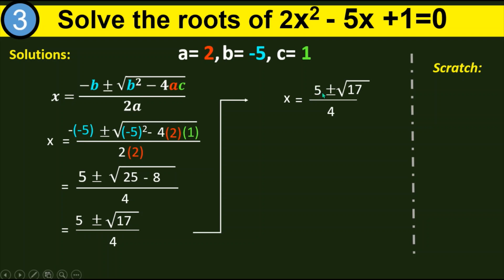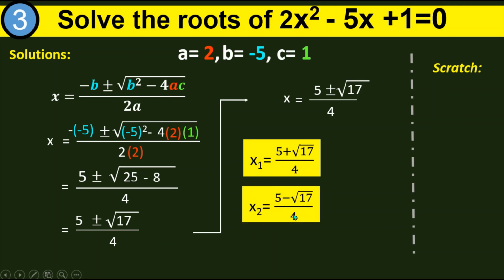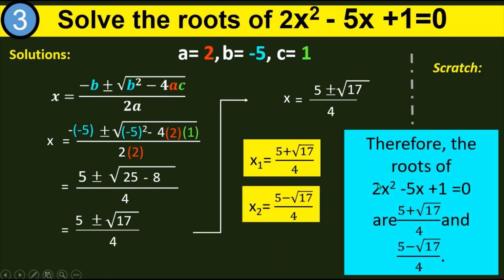And then, we all know that we cannot add or subtract a whole number to a radical expression. So, paghihiwalayin natin, yung isa ay plus and yung isa ay minus. So, therefore, the roots of 2x squared minus 5x plus 1 equals 0 are 5 plus square root of 17 over 4 and 5 minus square root of 17 all over 4. Checking is left to the viewer.